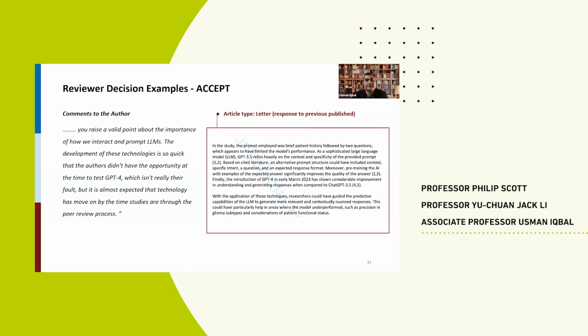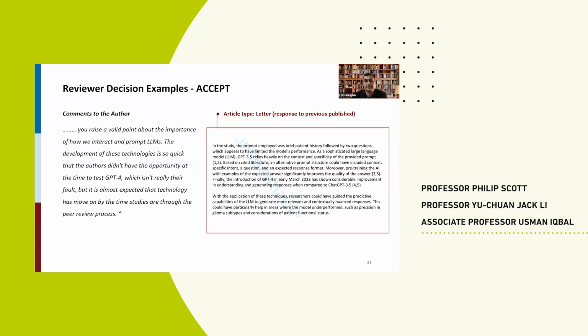So this is an accept decision. You can see here, this is a letter type of response to the paper where the reviewers think that this is a very promising piece of paper, very timely and raising good points, and does not really need any further corrections.